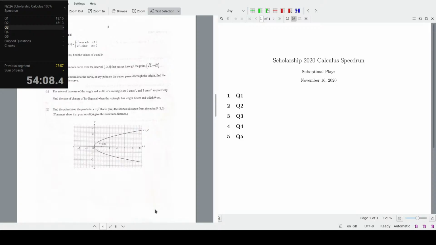Alright. The rates of increase of the length and width. Alright. This is just, okay, so the length and width. Why do they say length and width? Length is equal to 12 cm and width is equal to 9 cm. Alright.